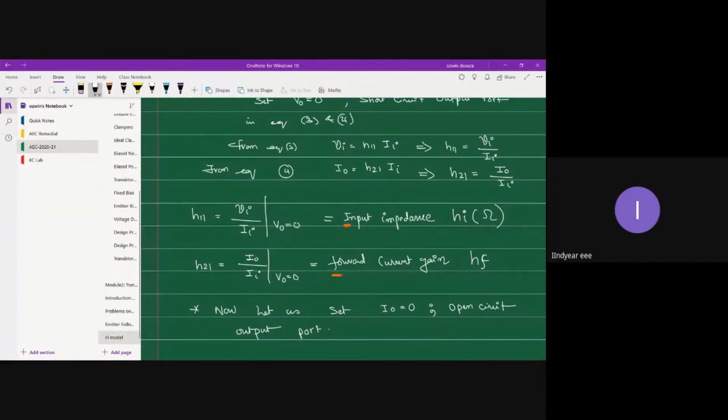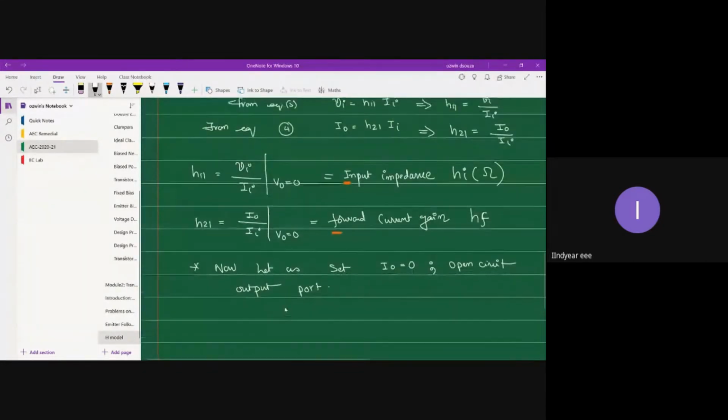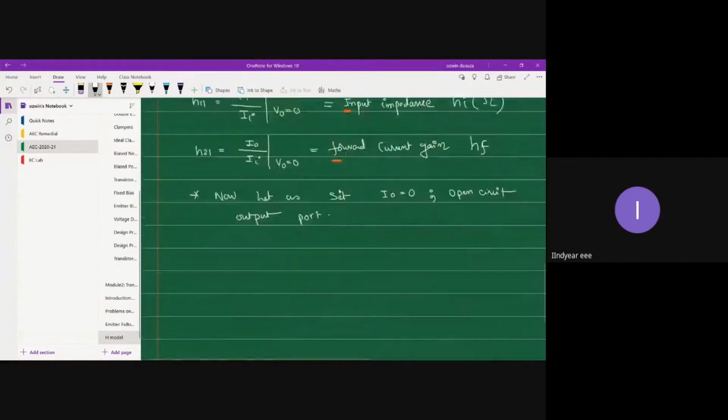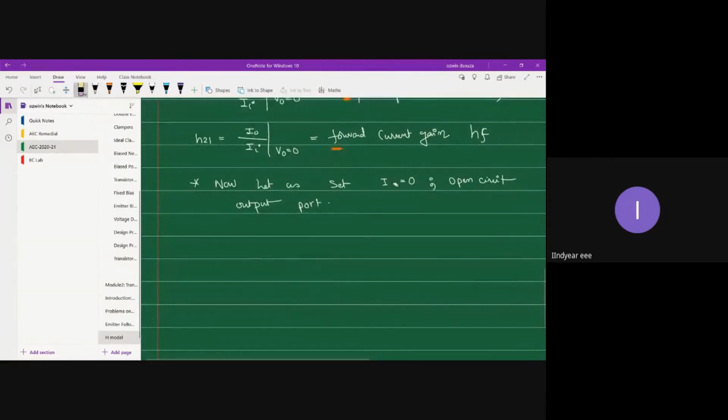Sorry, you are dealing with the independent variables, so now you set Ii is equal to 0, that is open circuiting the input port.